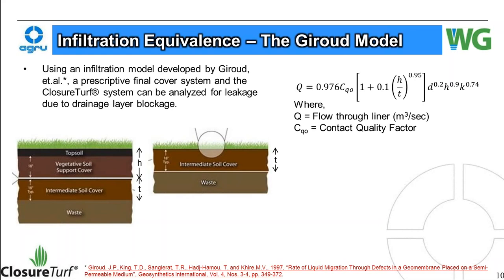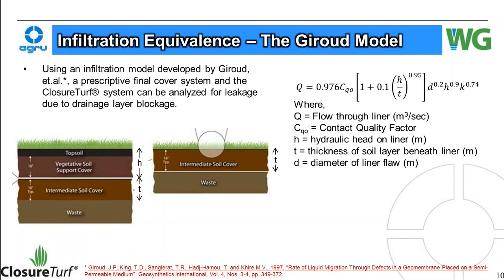If you don't have CQA, this number is going to be on the high side, so it will increase the flow through the liner. H is the hydraulic head on the liner. T is the thickness of soil beneath the liner. D is the diameter of the liner flaw. And then K is the permeability of that soil layer beneath the liner.